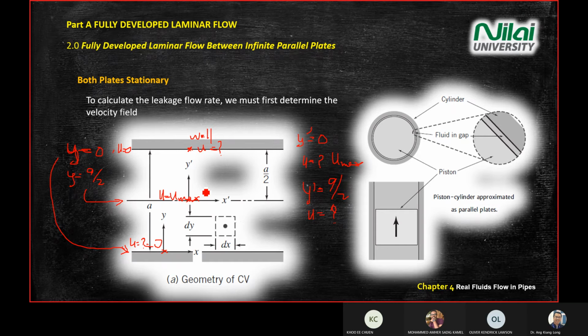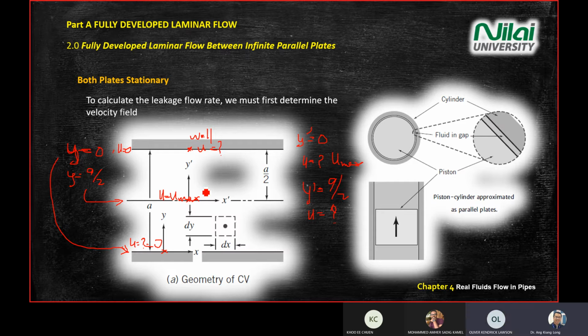Why do you say it is 0? What did we discuss just now? Why does the velocity become 0 when it reaches the wall? Because of the frictional force.